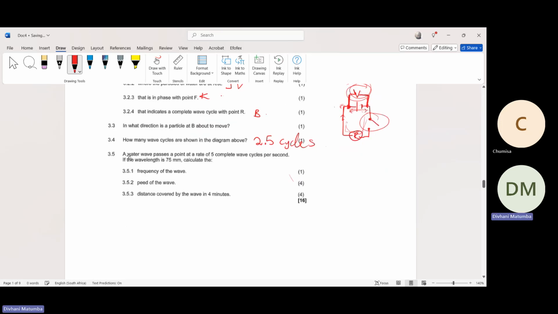Okay. A water wave passes a point at a rate of 5 complete wave cycles per second. If the wavelength is 75 millimeters, calculate the frequency of the wave. How do we calculate the frequency of the wave?